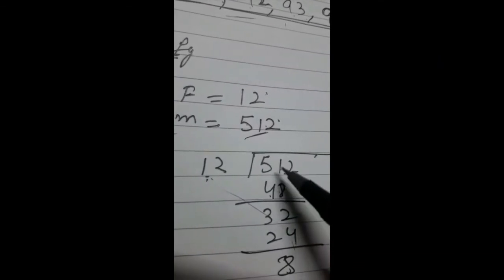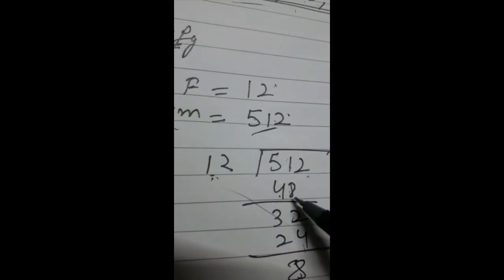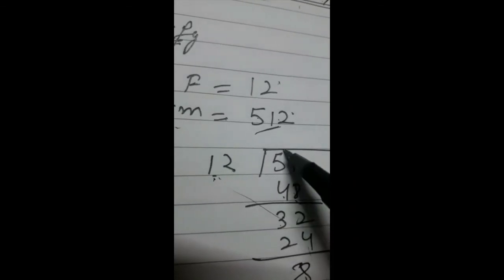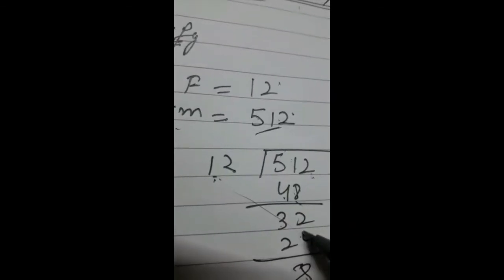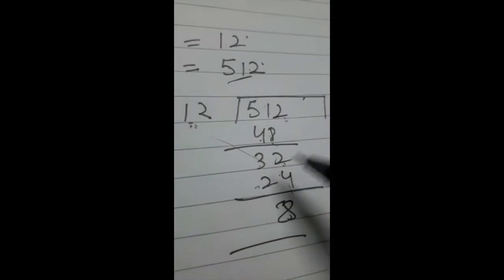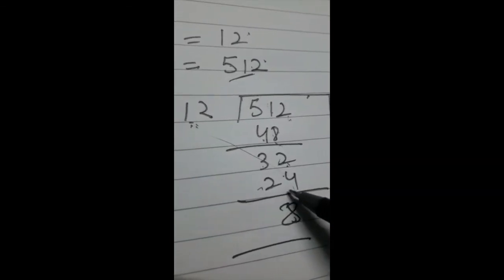So we divide 512 by 12. 12 4s are 48, minus 51 from 48, 11 minus 8 is 3, and there is a 0, we put down the 2 here, 12 2s are 24. 12 3s are 36, it is bigger than 32, that's why we write here 24.